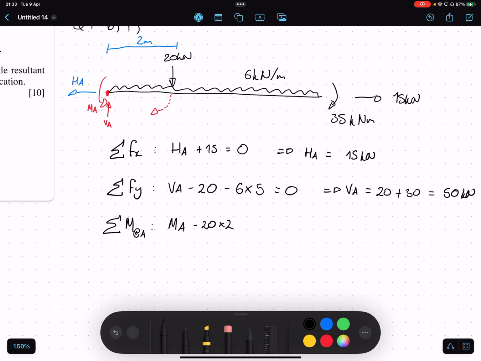And in addition to that, we're going to have the UDL, the uniformly distributed load, of 30 kilonewtons in total. Again, acting in the opposite direction, because our uniformly distributed load applies that force this way. So let's write UDL there. So that's going to be 6 times 5.